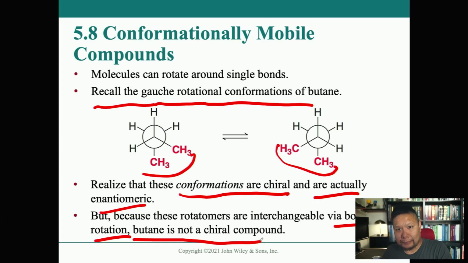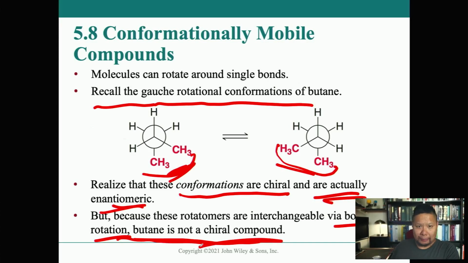Okay, the conformations can be chiral, and they actually are enantiomeric when they're in the gauche. But remember, you're rotating around a single bond, and so it's a fleeting thing. It's a temporary thing that they're chiral. So butane overall is not a chiral compound, right?